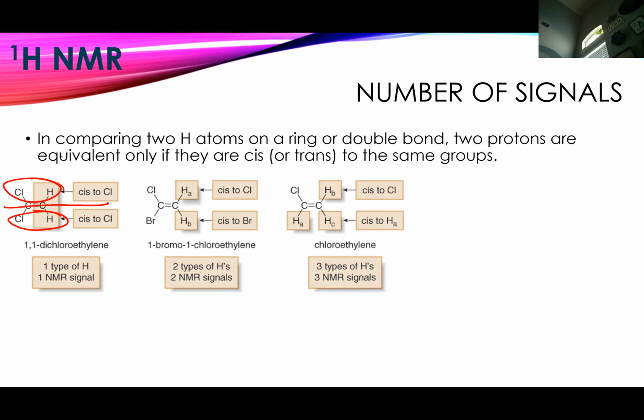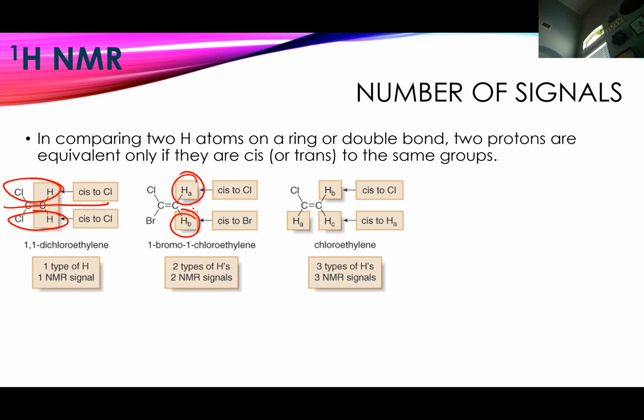That makes these 2 hydrogens identical to each other. In the next molecule over, HA and HB are different from each other because HA is cis to a chlorine, but HB is cis to a bromine. There is no plane of symmetry running through this molecule, so you're going to end up with 2 unique signals.